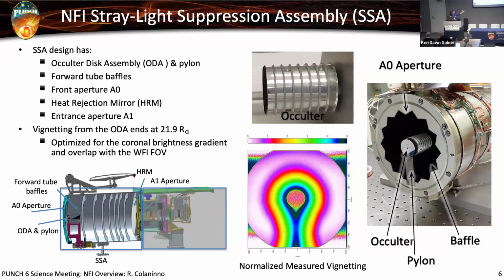And then over here in the beautiful image, we have the calculated vignetting for the instrument. You can see that with the lavender and white areas, we have a large area where there is no vignetting in the instrument, so that we have an area where we can do very good cross-calibration with WIFI.